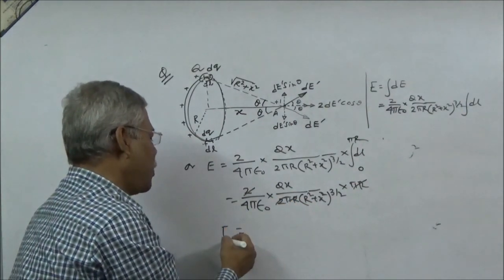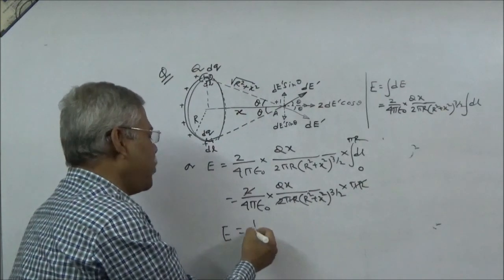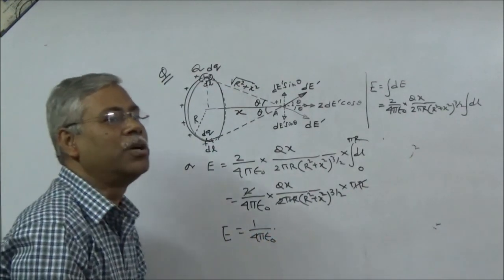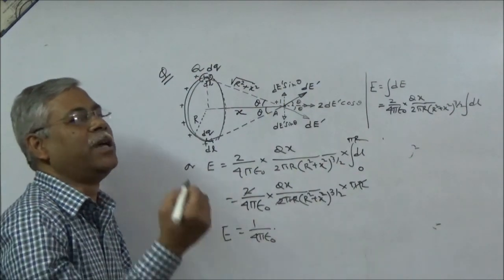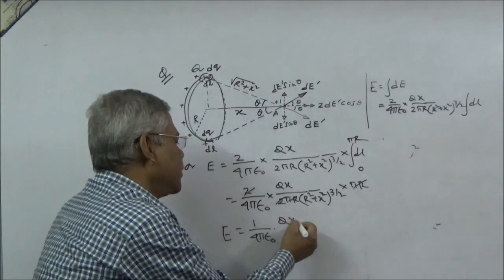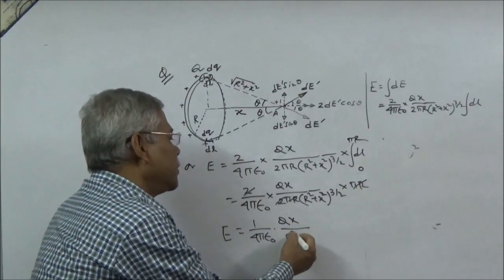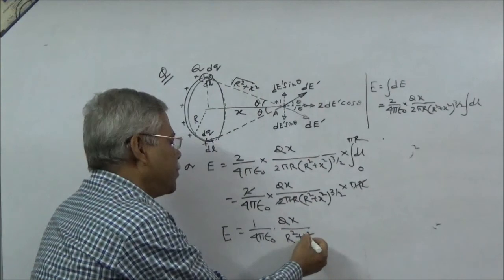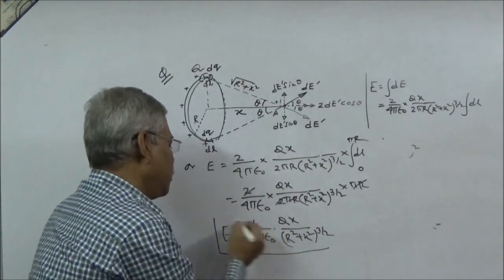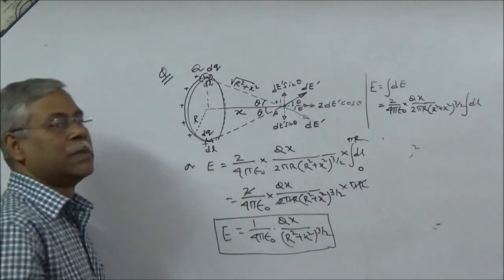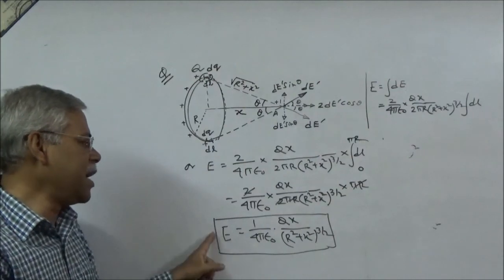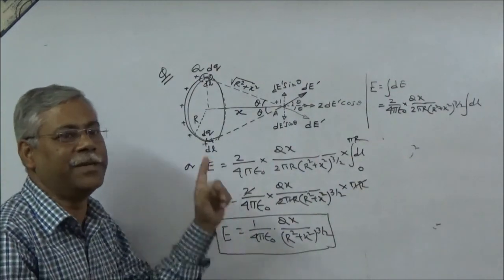So we have got a formula which is very, very important, both for your theory part, keeping in mind your board exam, and also for problem solving. Box it. Field at an axial point due to a charged ring.